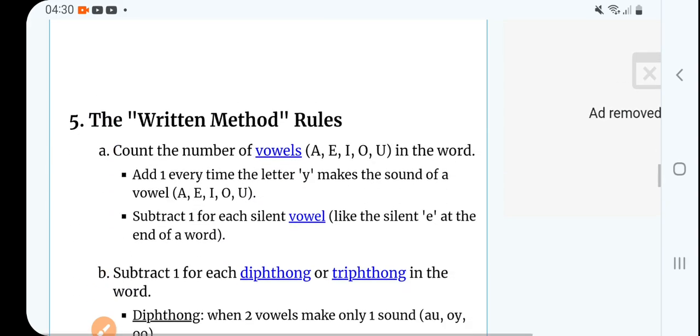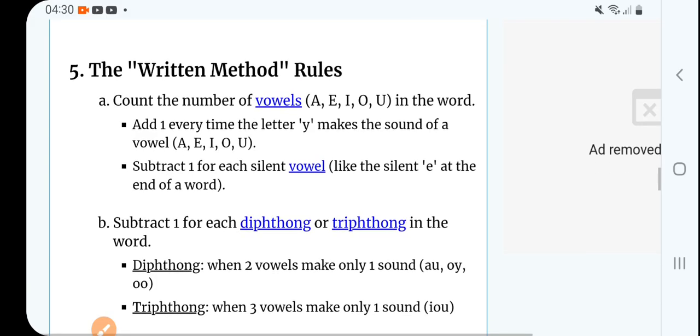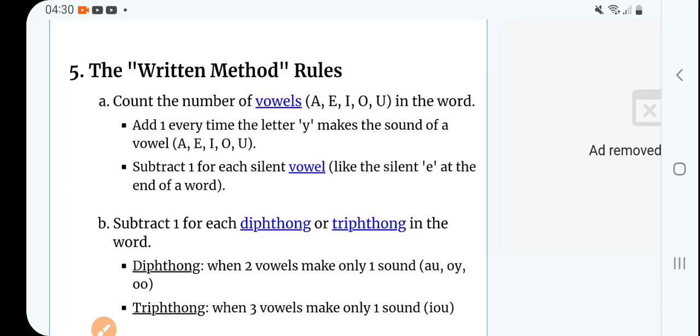And the last method is a little bit tough, we can say, the written method, where we have to listen to the word. Sometimes we have to add one for every time the letter y makes the sound of a vowel, right? And then subtract sometimes. Suppose simile, right?